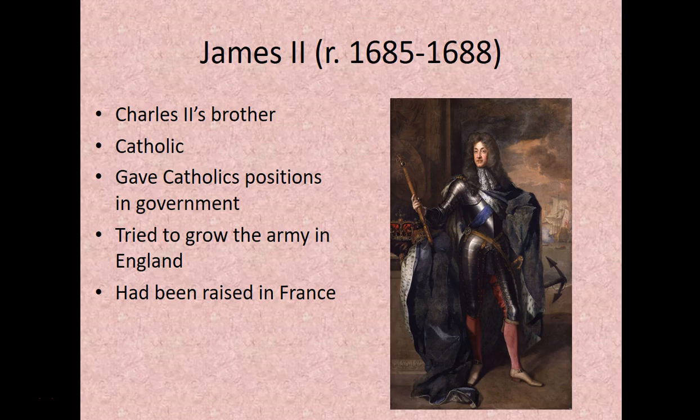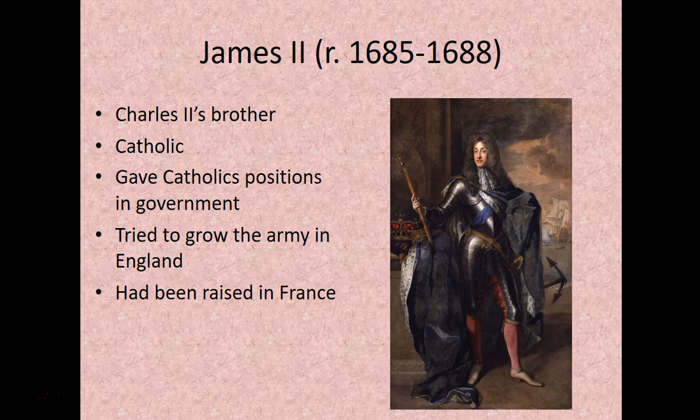So he was growing up in France during the time of Cardinal Richelieu and Cardinal Mazarin. So it's not surprising that he would be at least sympathetic to Catholics, if not Catholic himself. And he was Catholic. And just as the French had been doing, appointing Catholics to all those positions in government, that's what James starts to do as well.